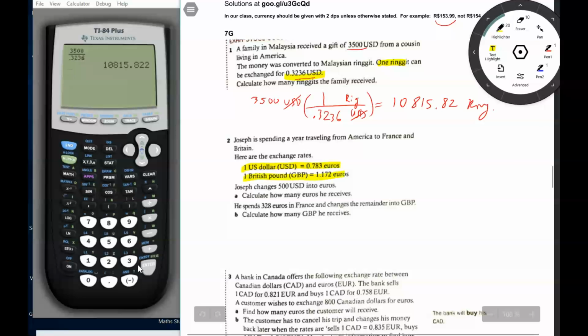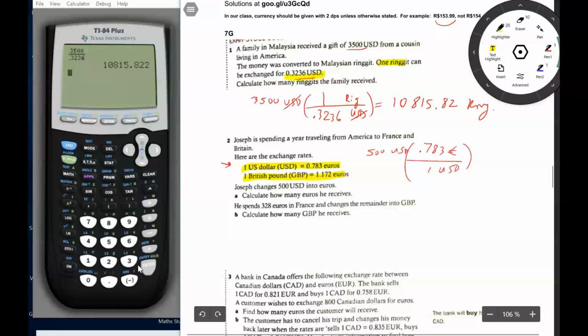Joseph changes 500 US dollars into euros. Okay, so let's see. 500 US dollars, and we're going to convert it using dollars to euros. So 1 US dollar we put on the bottom so that it cancels out, and the top is going to be 0.783 euros.